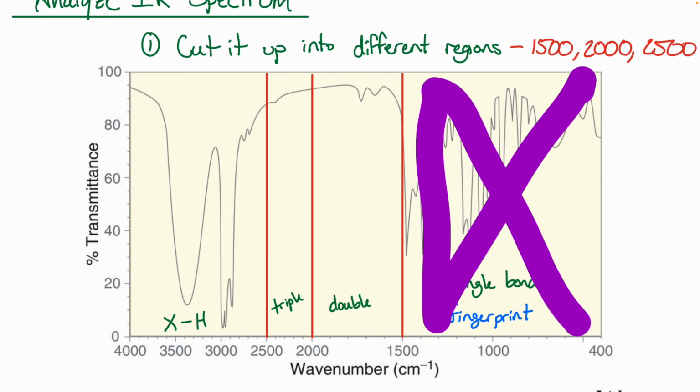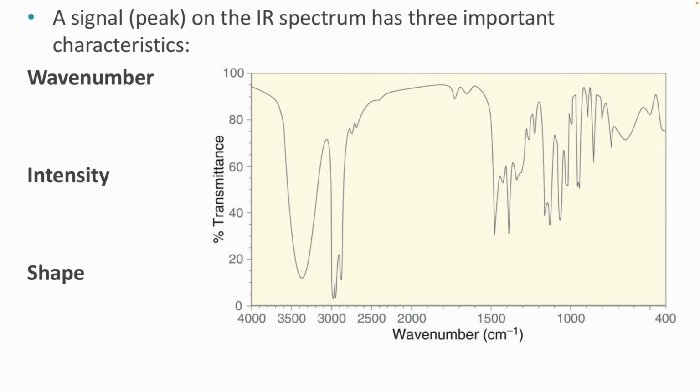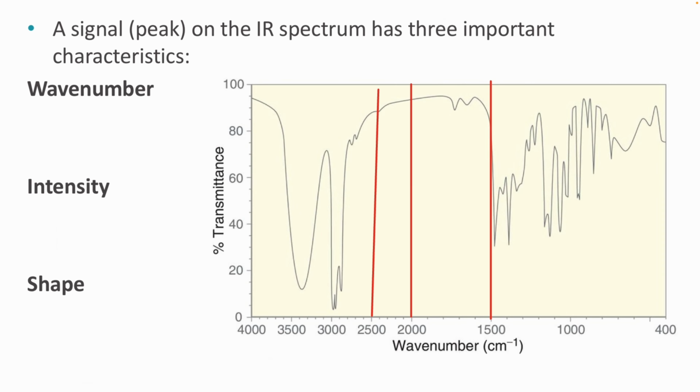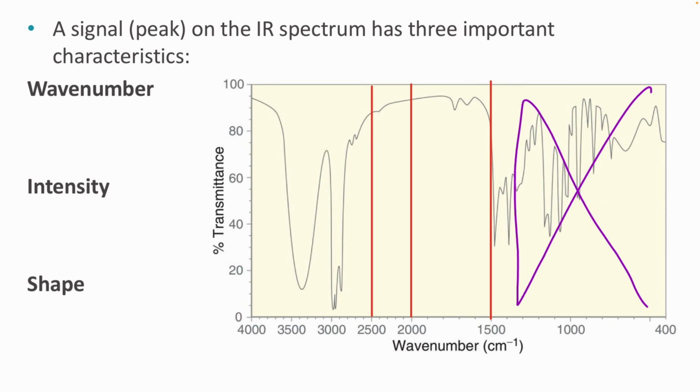All right, so we cut it up into these different regions, and then we ignore the fingerprint region, and we're going to analyze our peaks in the other portions of our spectra. So when we analyze a peak here, what do I mean by that? Let's look here. We've got this same graph. I'll lay down my same 1500, 2000, 2500, and then I'm going to ignore that fingerprint region.